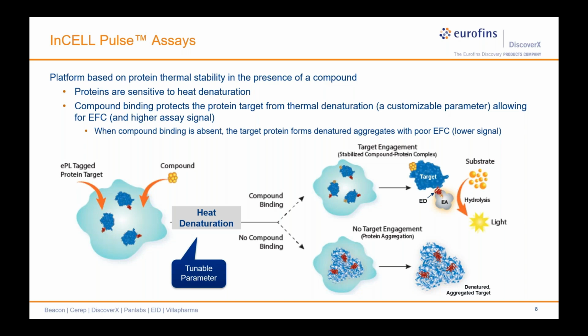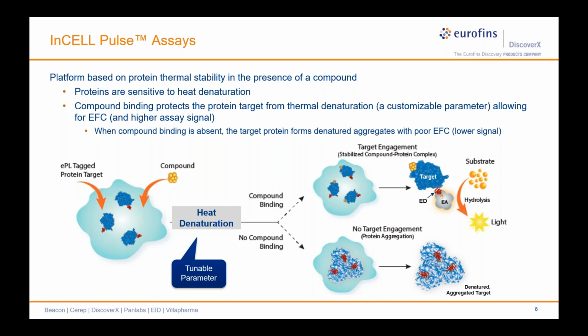Now if we go over to the left, the way the InCELL Pulse assays are created is again to express a protein target of interest with an ED tag, enzyme donor tag. In this case, it's called the EPL tag. This can be expressed either transiently or stably in the cells. These assay cells are then exposed to a compound added extracellularly, and the compound's allowed to equilibrate with the cell cultures.